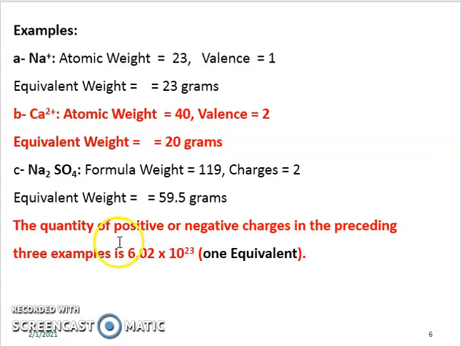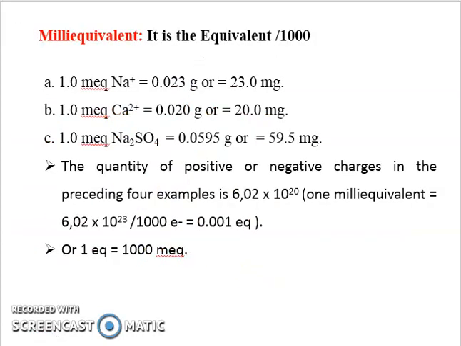The charges in the preceding three examples are equal to this value, and all of these are called one equivalent of this substance or ion.